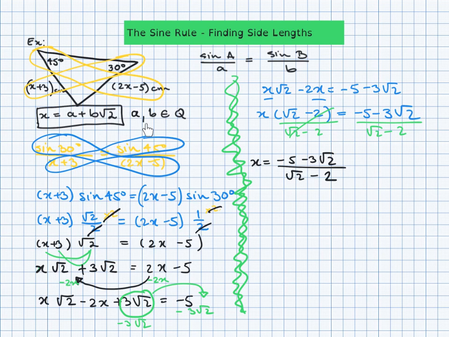So what we're going to do, if you are familiar with conjugate pairs, is try to get rid of the square root in the denominator, like in this form. So the conjugate pair would be to multiply both sides by this expression, which you may recognize as the difference of two squares.